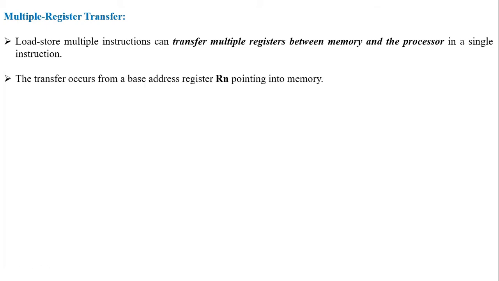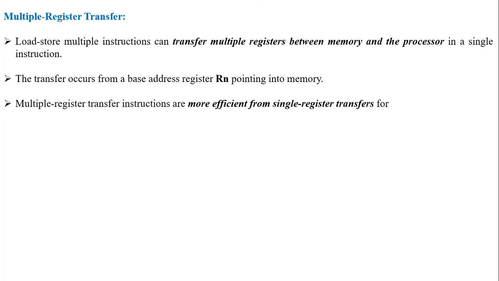The transfer occurs from a base address register, that is Rn, pointing into memory. Here Rn indicates that we can consider ARM7 registers from R0 to R12 as a base address register. That base address register under multiple register transfer instructions acts as a memory pointer.